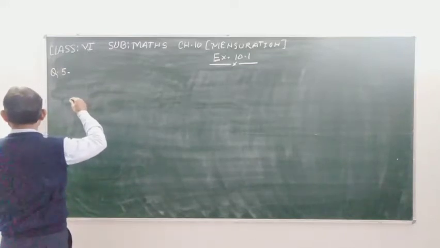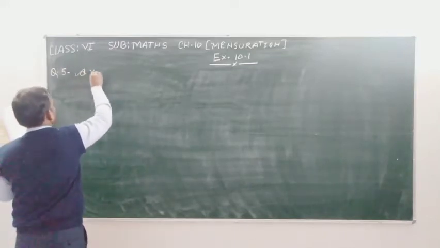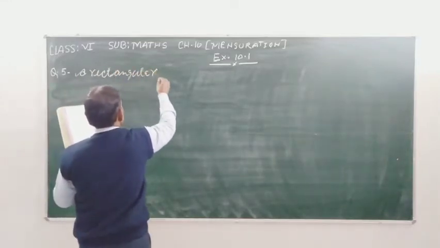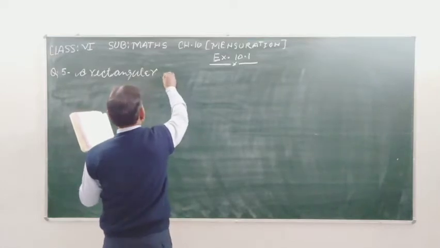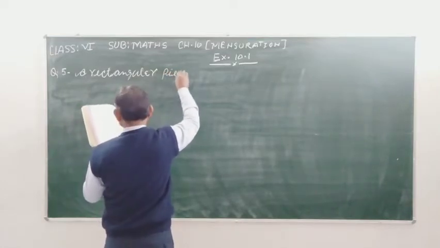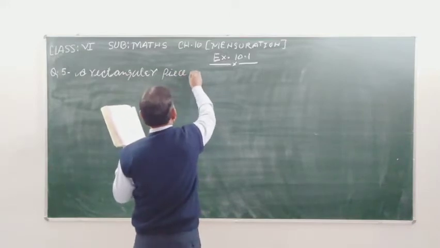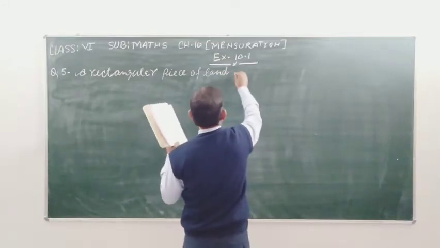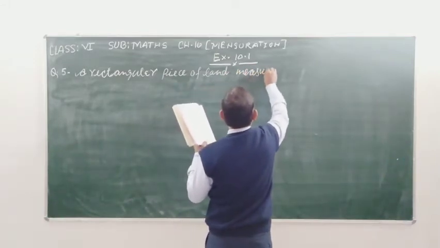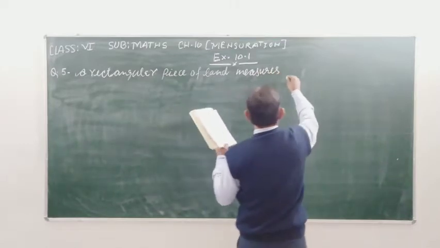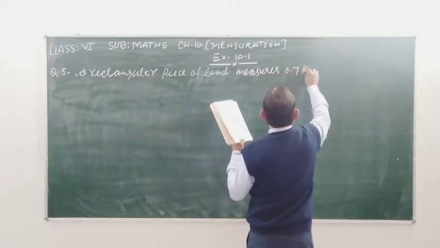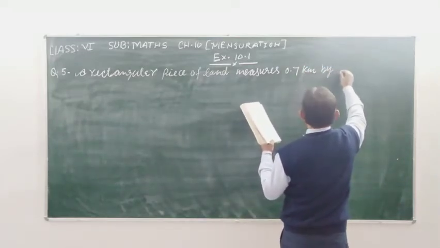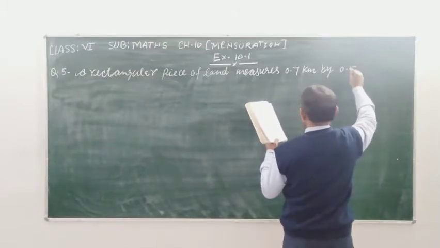A rectangular piece of land measures 0.7 kilometer by 0.5 kilometer.